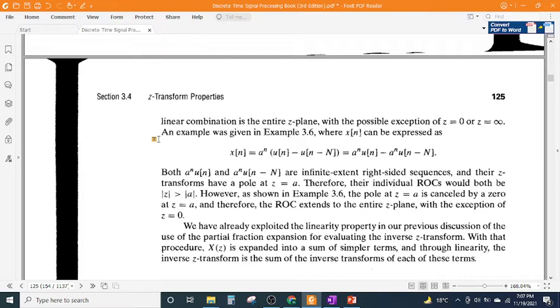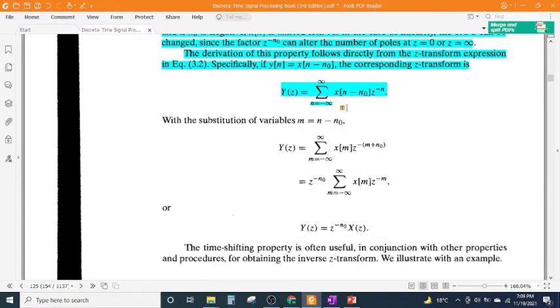The derivation of this property follows directly from the Z-transform expression in Equation 3.2. Specifically, if y[n] equals x[n minus n0], the corresponding Z-transform is Y(z) equals the sum over n of x[n minus n0] z^(-n).